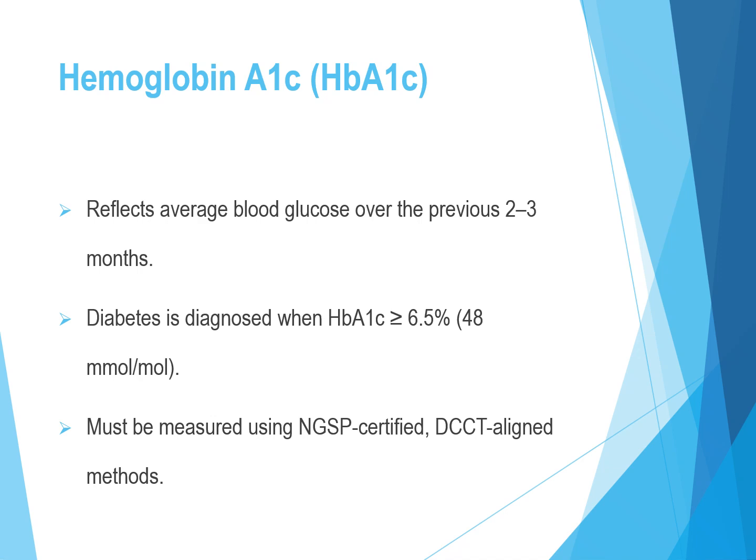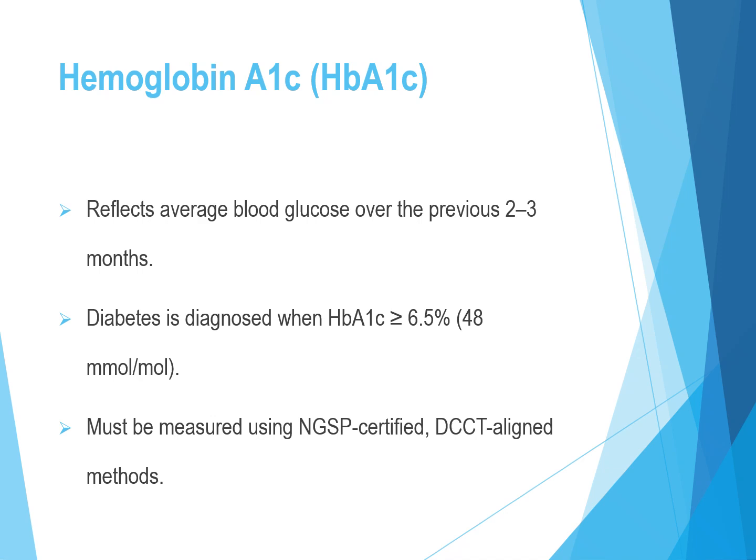A realistic interactive question could be, if a patient has normal fasting glucose but an elevated HbA1c, how should we interpret this? This scenario demonstrates the complementary role of HbA1c. It can detect chronic hyperglycemia that might be missed by fasting glucose alone, emphasizing why multiple diagnostic pathways exist.